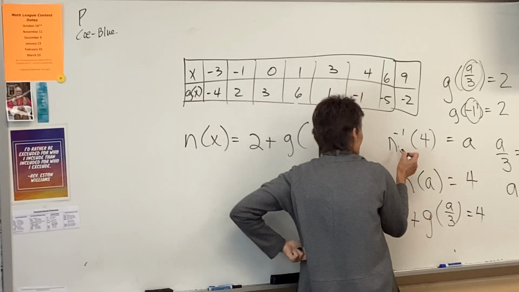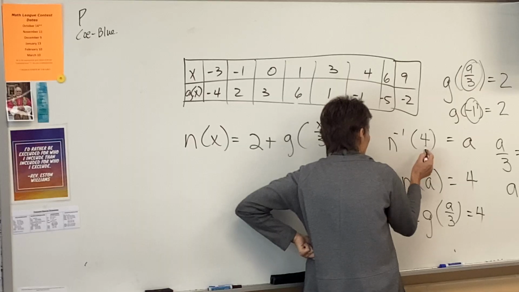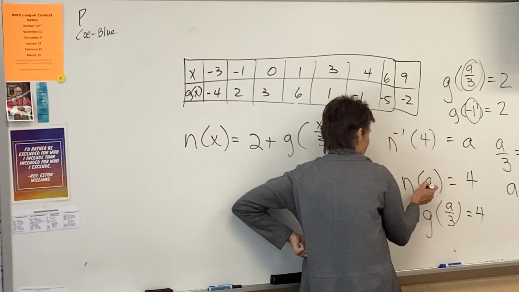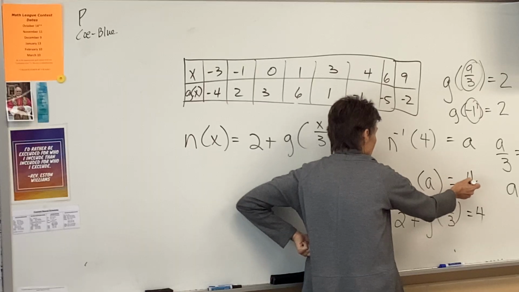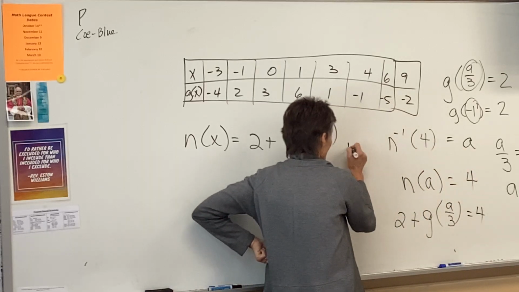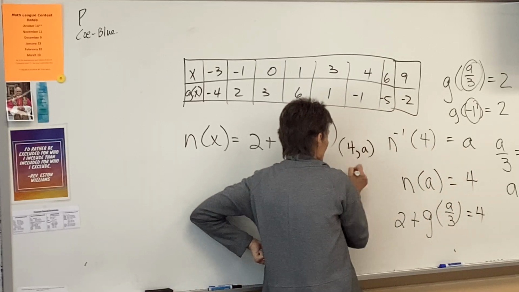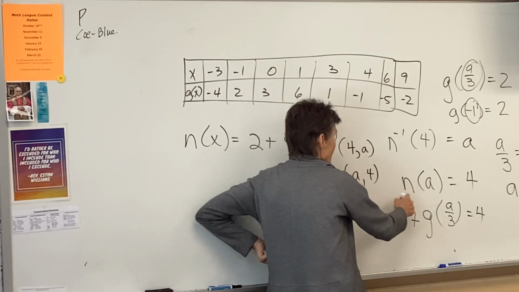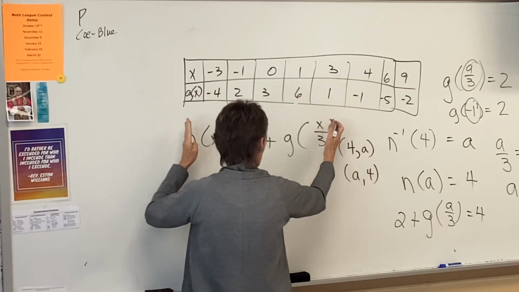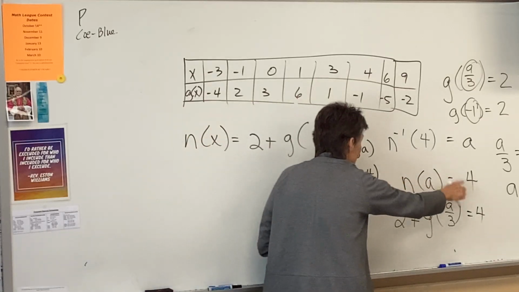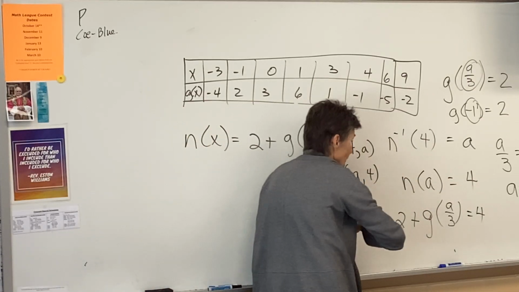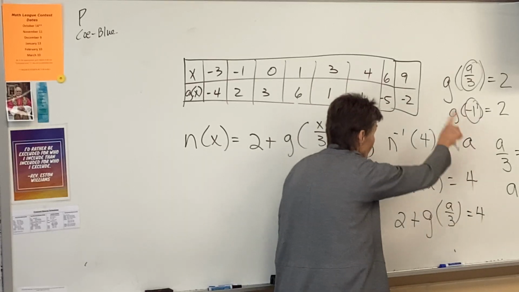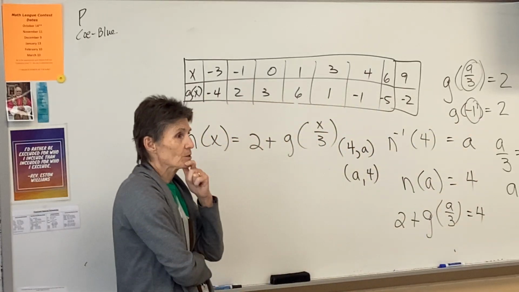If the inverse of 4 is A, then the original of A is 4. These ordered pairs are switches of each other. N of A, this guy right here, has to equal that number. So that's n of A. Move the 2 over, and then use the table backwards.